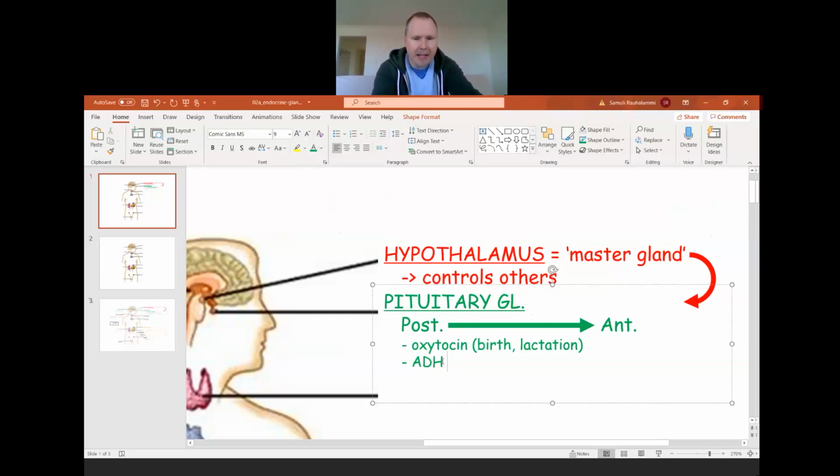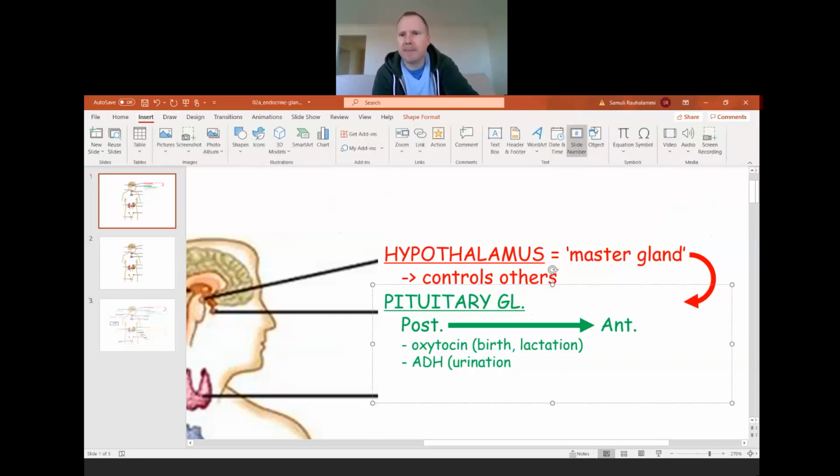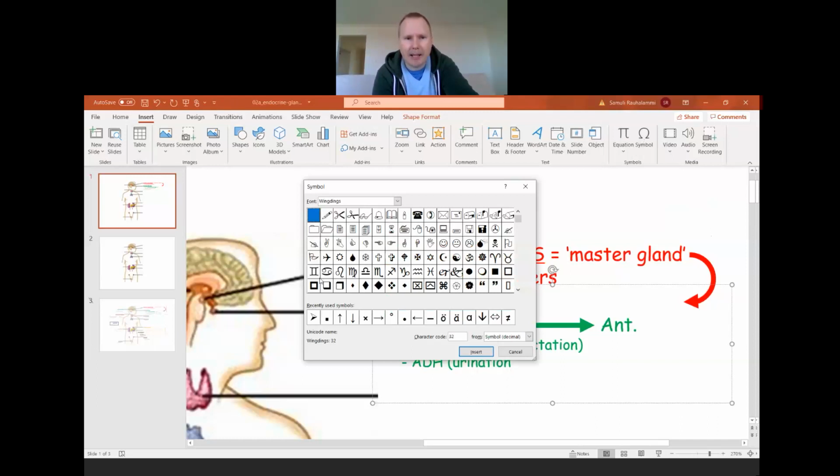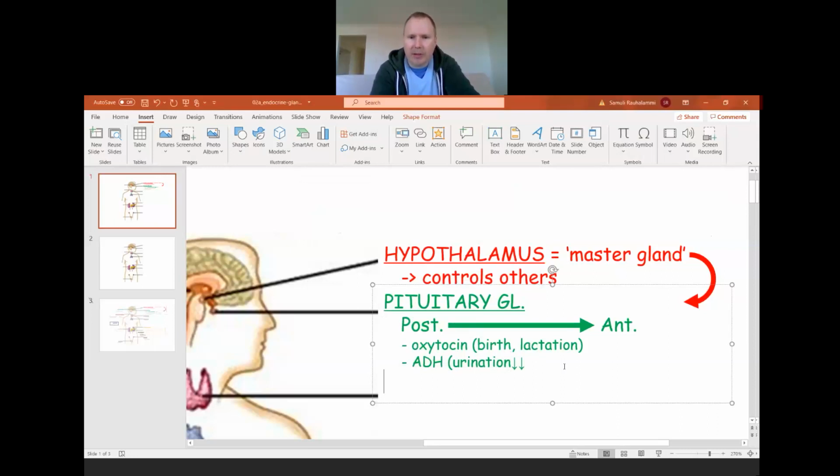So what it does, it helps us to control urination, and how it does this is by bringing the urination down. It works against it. It makes us produce less pee, less urine. So those two are the important hormones of the posterior pituitary gland.